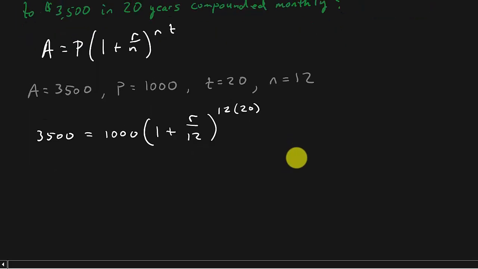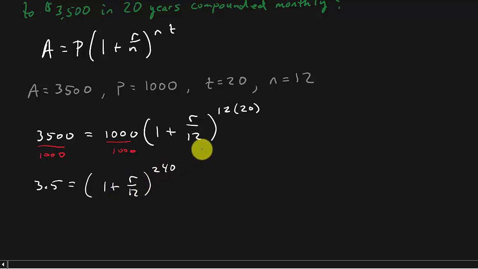All right, so let's divide both sides by 1,000. So that's going to give me 3.5 equals 1 plus R over 12 raised to the 240. 12 times 20, that would be 240.